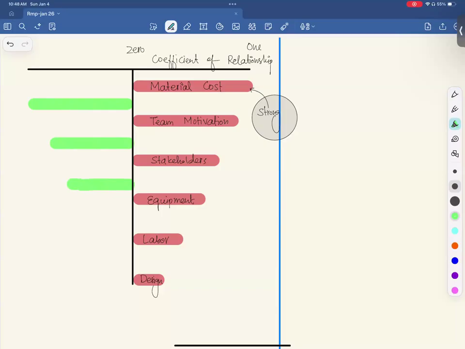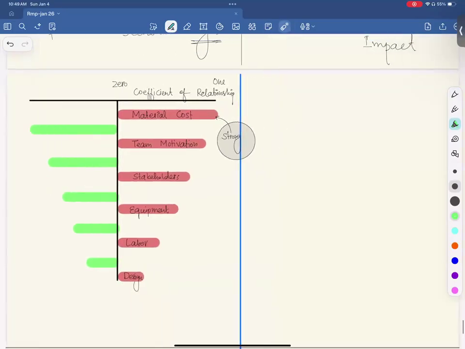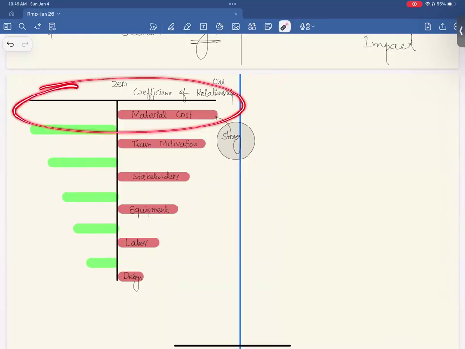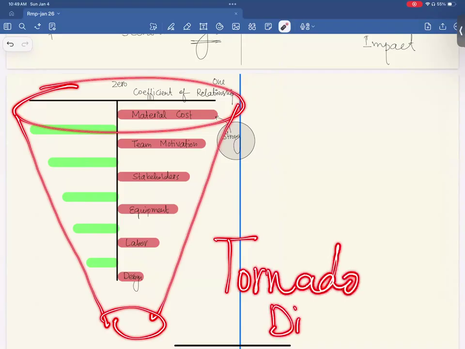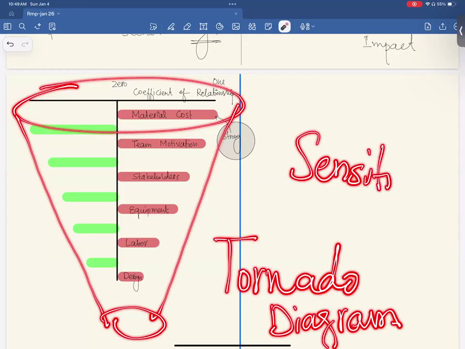So this is your sensitivity analysis. This figure or diagram is wider at the top, narrower at the bottom. So it looks like a tornado, like a funnel, right? This is called a tornado diagram that ranks various elements based on coefficient of relationship or sensitivity.